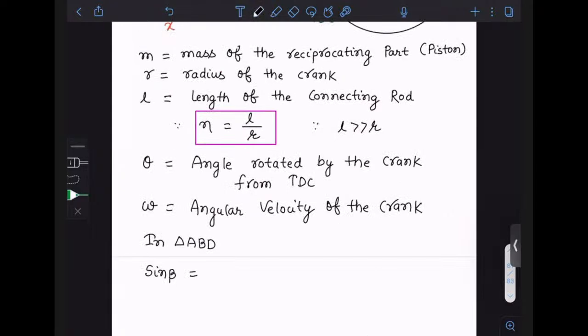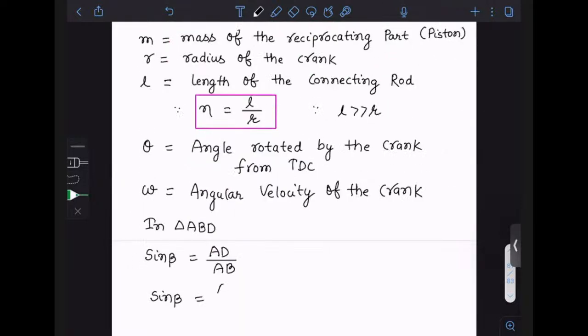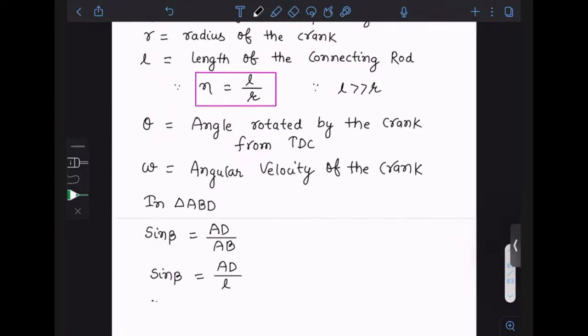AD by L. AD is equal to L sine beta. Correct.